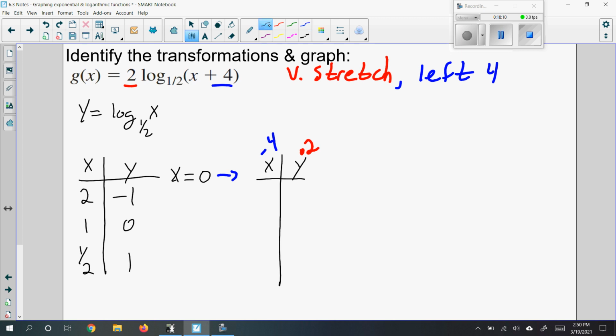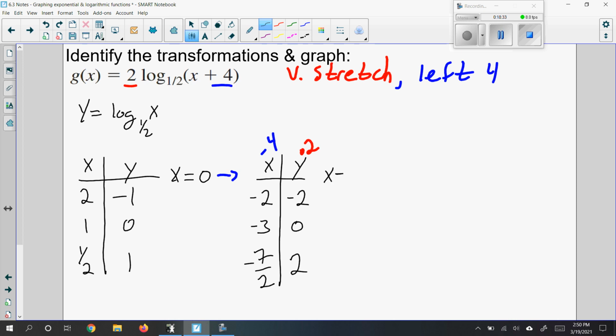So if we subtract 4 from the x values, we end up with -2, -3, and -7/2. Now we're going to multiply the y values by 2, so this becomes -2, 0, and 2.